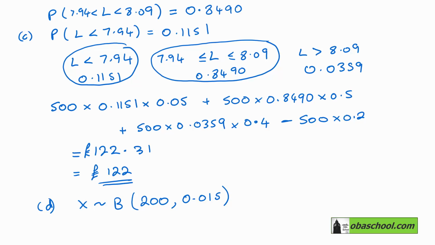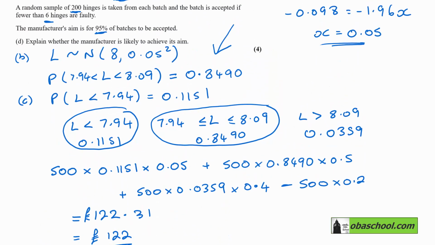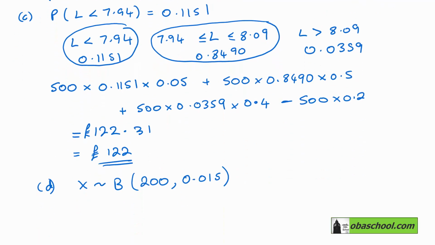Now, we know that the batch is accepted if fewer than 6 hinges are faulty. And since this is discrete, that's going to be the probability of X being less than or equal to 5. We can get that from the calculator, and it's 0.9176, which is approximately 91.8%.